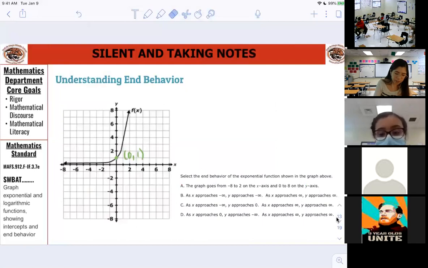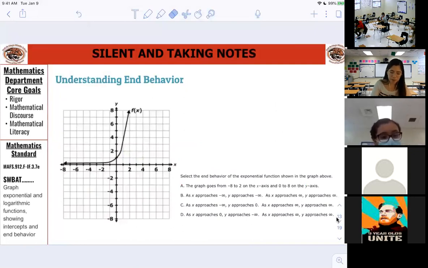So try this one on your own now. I'll read it for you. Select the end behavior of the exponential function shown in the graph above. A, the graph goes from -8 to 2 on the x-axis and 0 to 8 on the y-axis. B, as x approaches negative infinity, y approaches negative infinity.